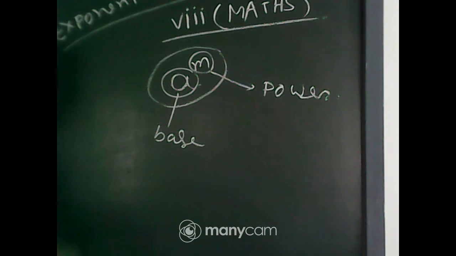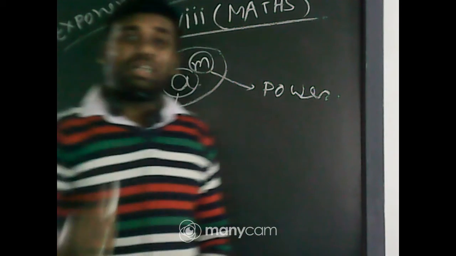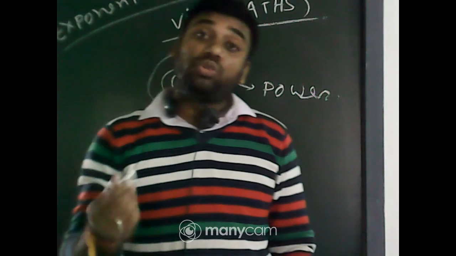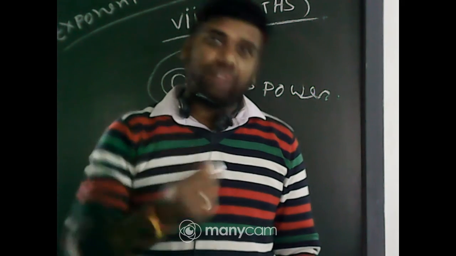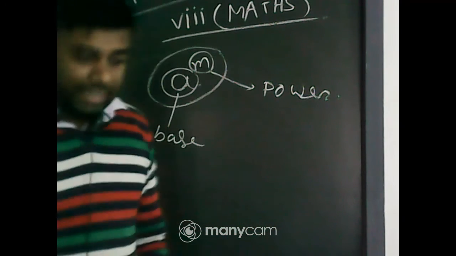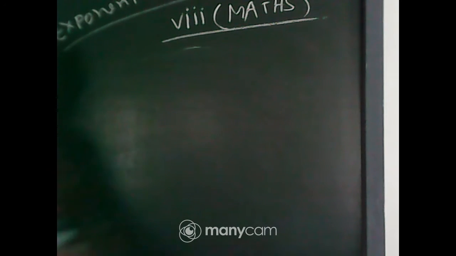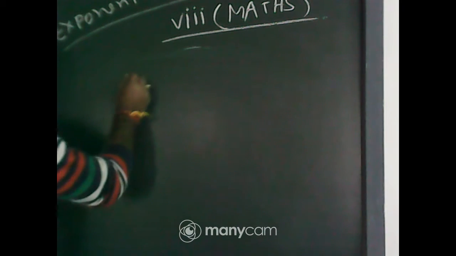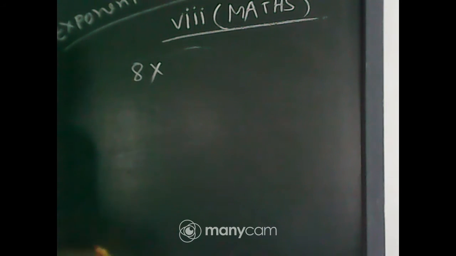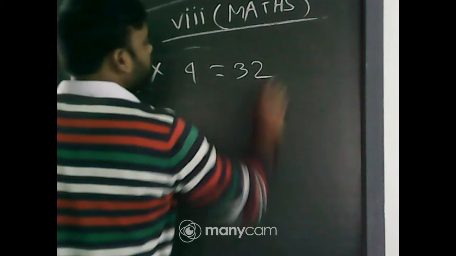Now in this chapter we will learn how to multiply, add and divide in exponent form. If I write 8 into 4, we can easily say that it is 32.